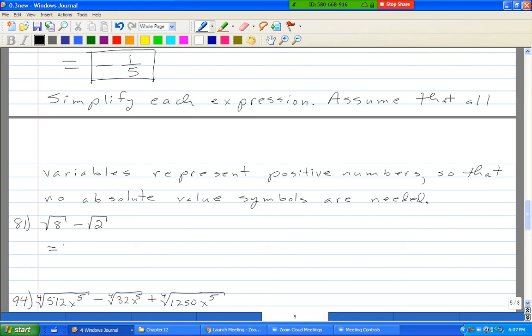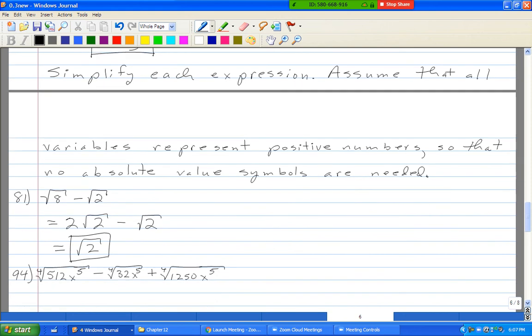I can write 8 as 4 times 2, and the square root of 4 is 2. And so I can simplify rad 8 as 2 rad 2. So now I have 2 rad 2 minus 1 rad 2, which is just 1 rad 2. And that is your answer.